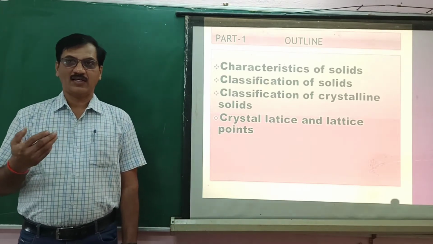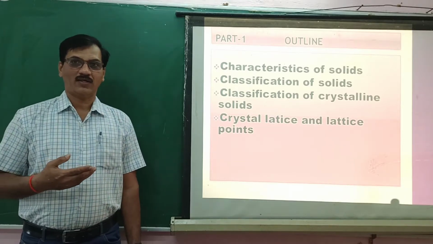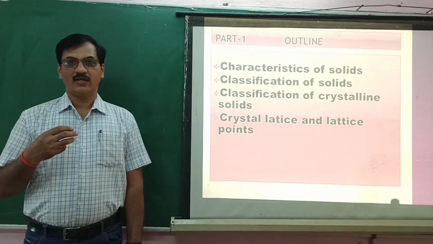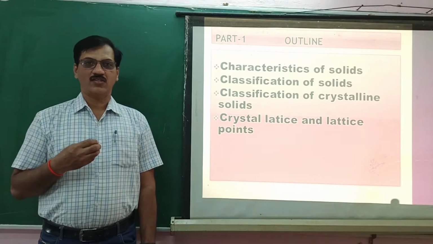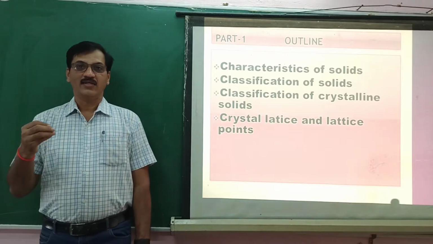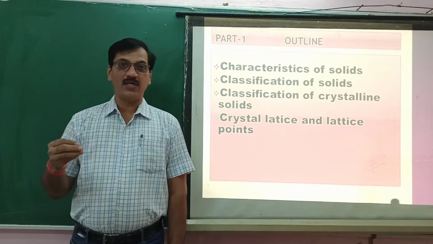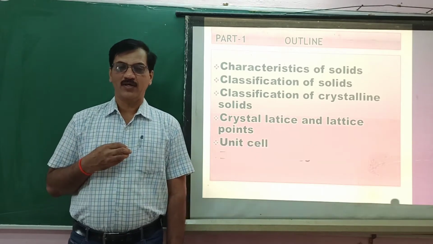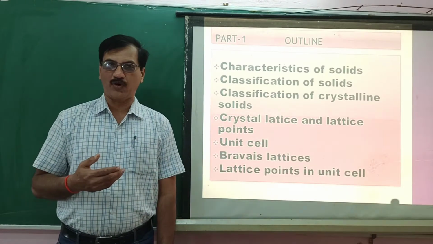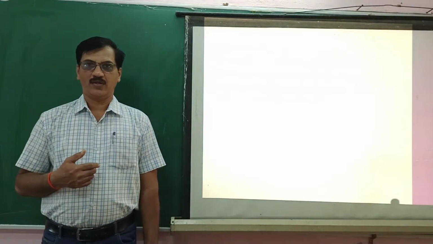If there are crystalline solids, what are the types of crystalline solids? How the crystal lattice is arranged, how the lattice points can be found in the solid, and what is meant by unit cell, Bravais lattices and lattice points of a unit cell, and so on.